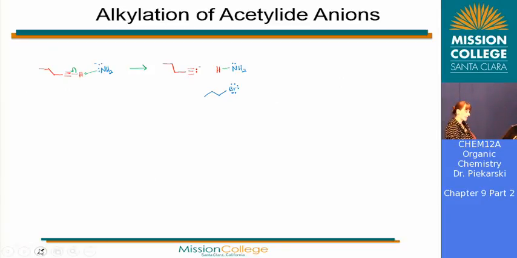That alkyl halide is the electrophile. This acetylide anion wants to attack this carbon here. Why does it want to attack that carbon? Because it's partial positive, right? It's attached to the bromine. So it attacks the partial positive carbon and then kicks off the bromine because that's a good leaving group.